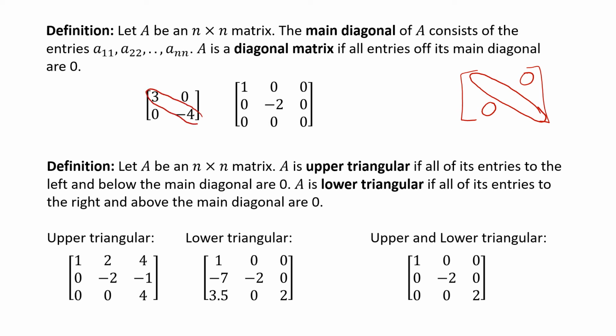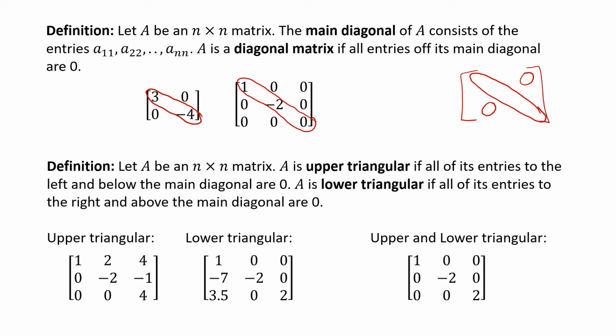There's your diagonal. Everything else is 0. The second one, there's your diagonal. Notice it has a 0 in the diagonal, but the key is that everything off the diagonal is equal to 0. That's called a diagonal matrix. Then we also have triangular matrices.